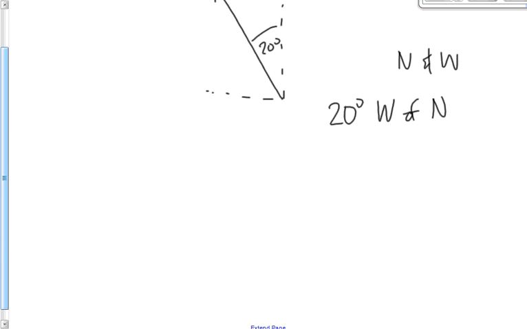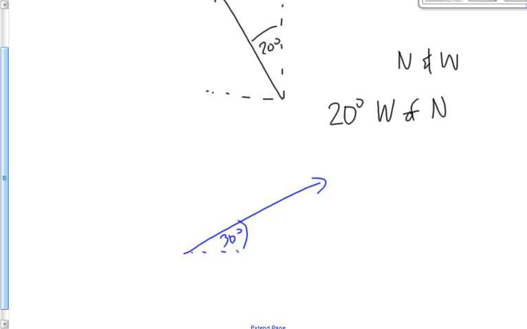Let's try another one. 30 degrees. What are my two directions here? North, south, east, west. What are my two directions? Okay. Well, forget about the north of east or east of north, whatever.